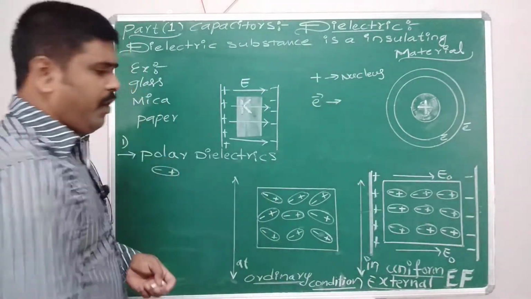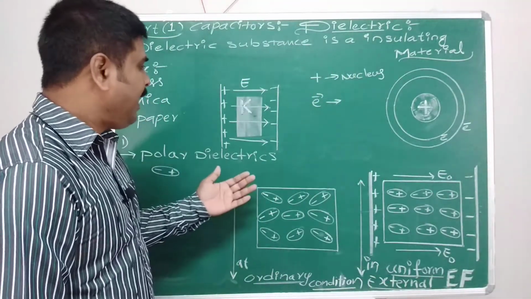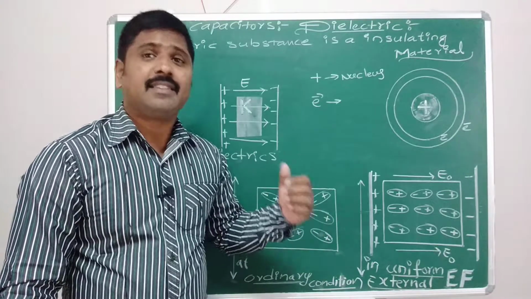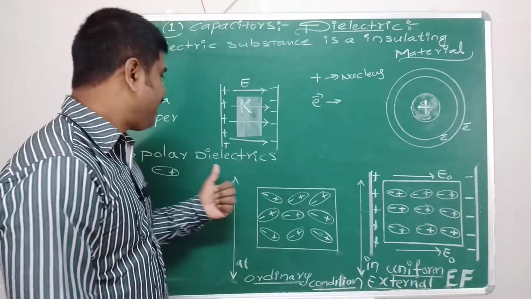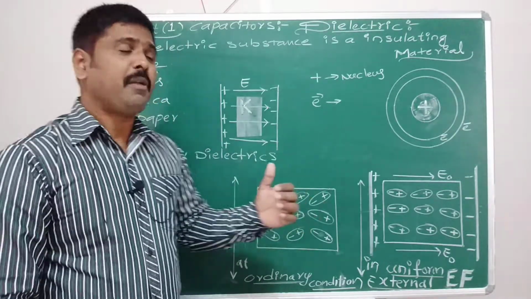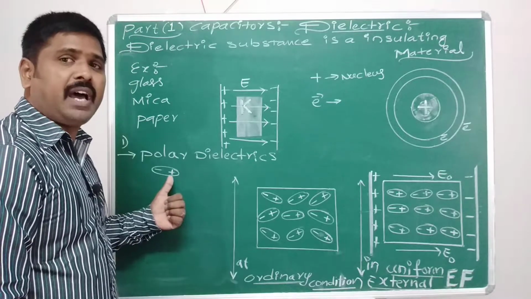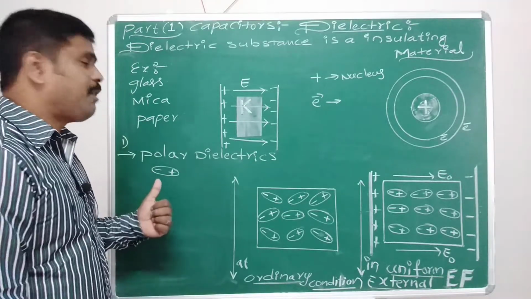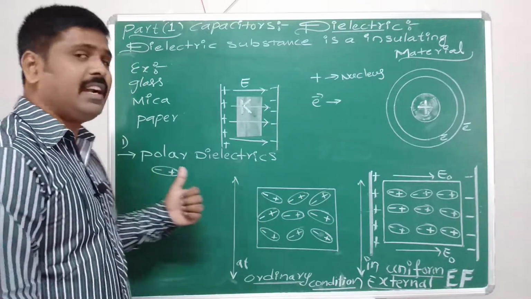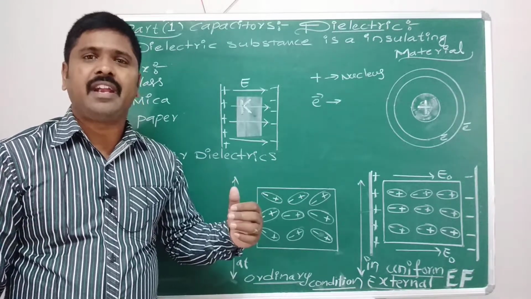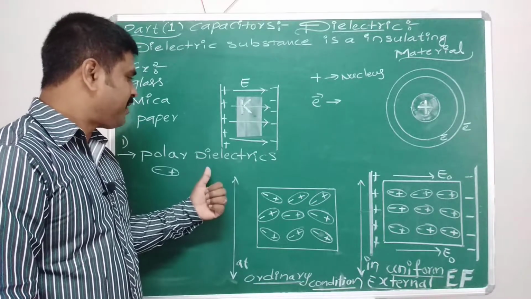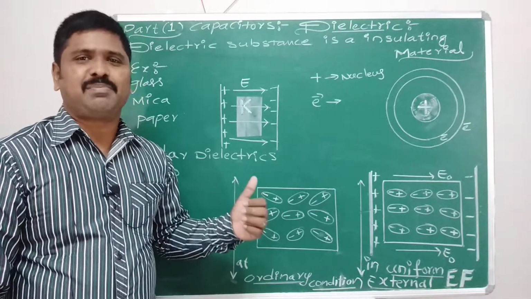Now, only polar dielectrics. A polar dielectric is made of polar molecules. What is a polar molecule? In a polar molecule, the center of the positive charge and the center of the negative charge are separated by a certain distance. That is, the center of positive charge and center of negative charge do not coincide in the molecule. That molecule is called a polar molecule, and that substance is called a polar dielectric substance.